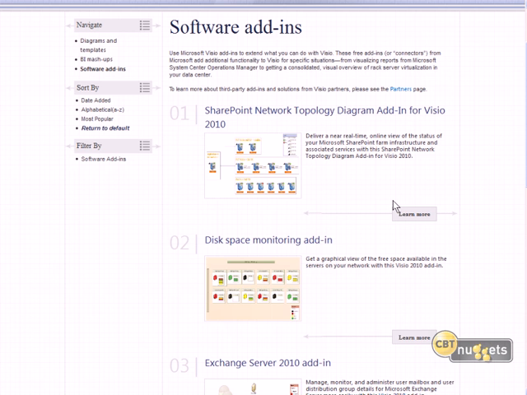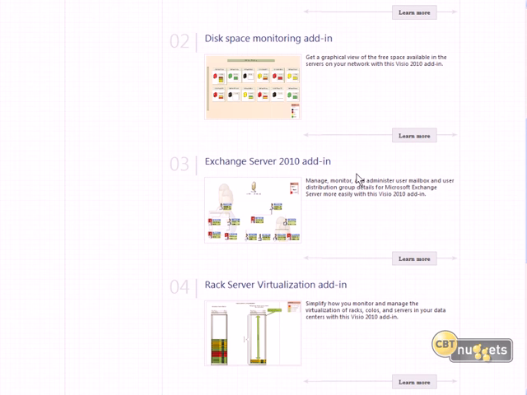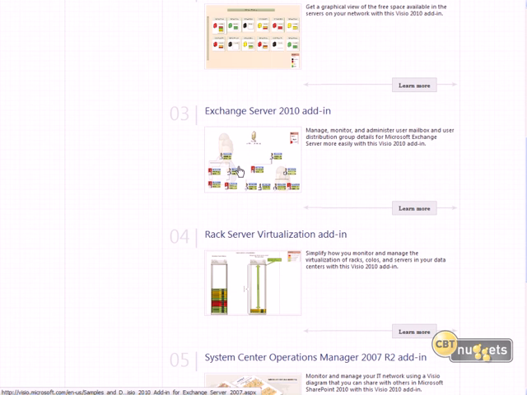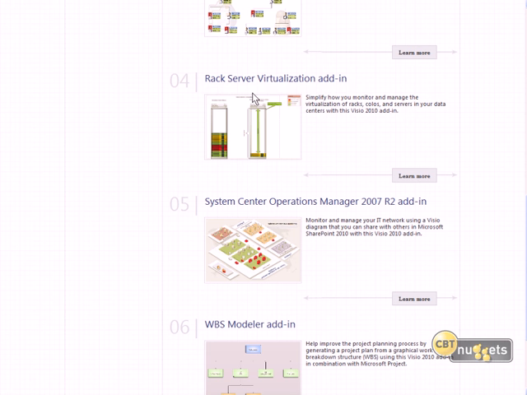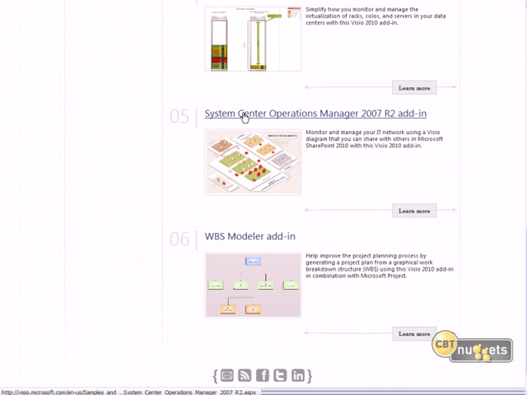This add-in, I would presume, will scour your network and pick up the SharePoint topology markers in a similar way to how earlier in the training I showed you how we can scour Active Directory. Here we have a similar mapping add-in for Exchange Server. Here's another one for Rack Server Virtualization. Here's another for those who are using the Microsoft System Center Operations Manager suite.